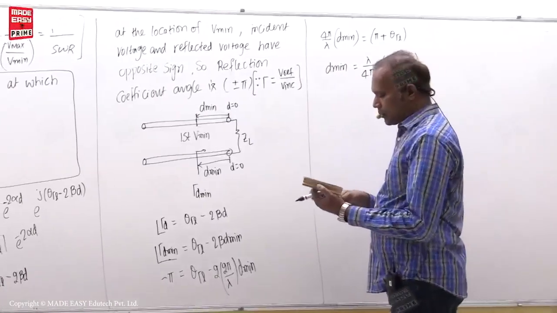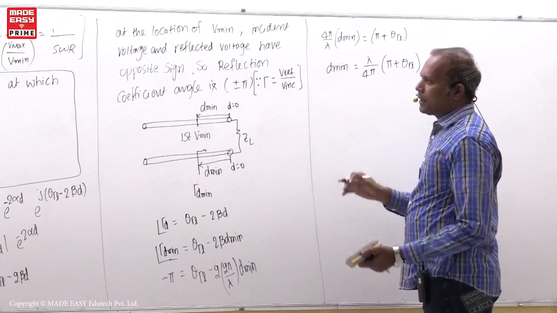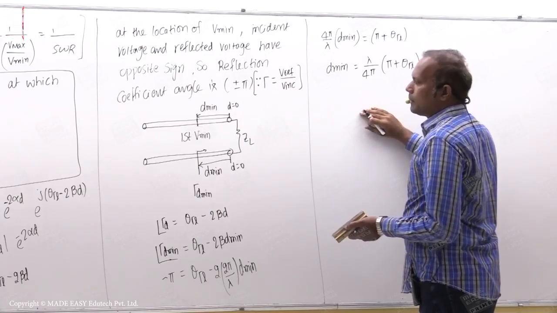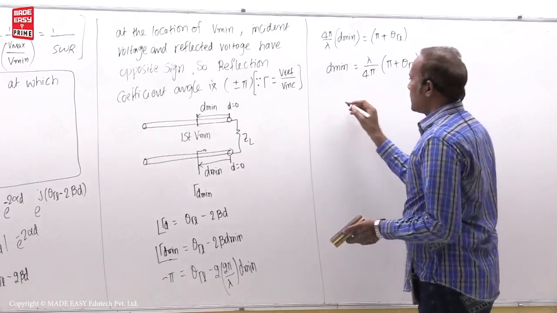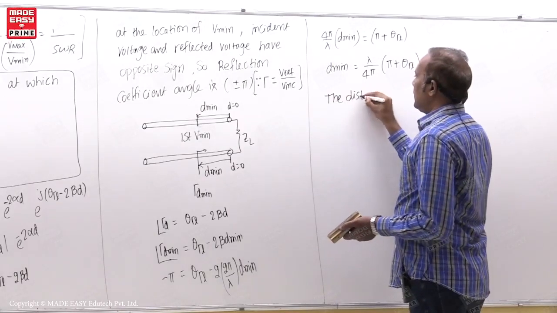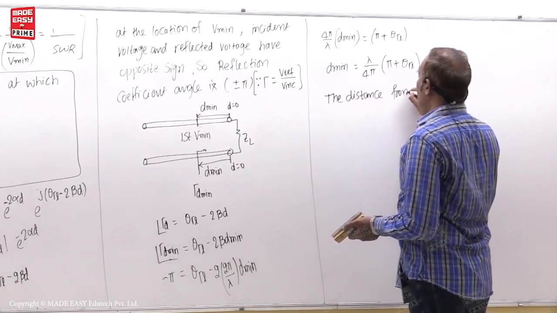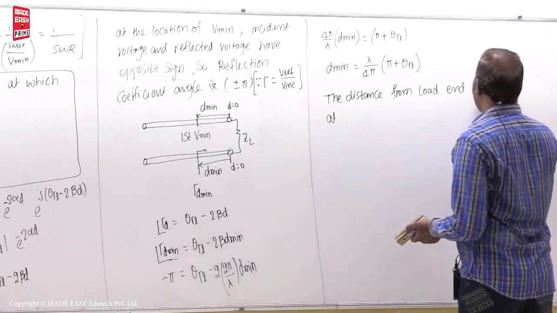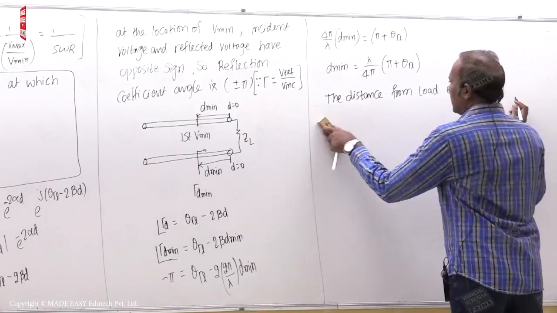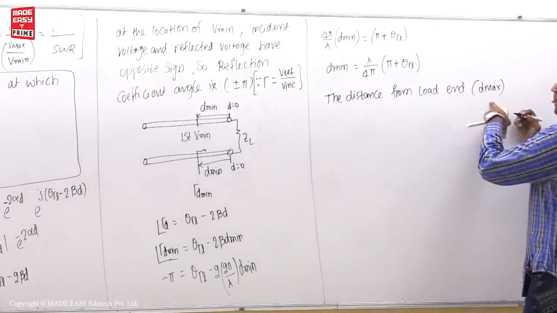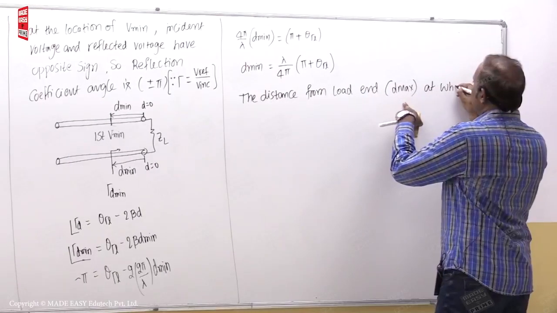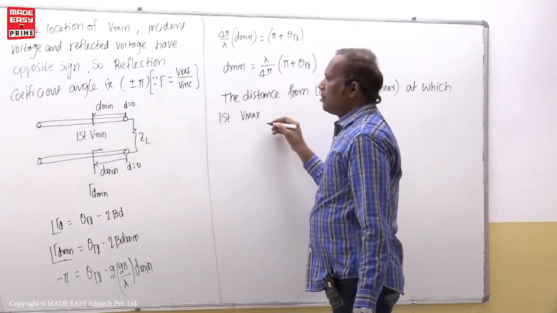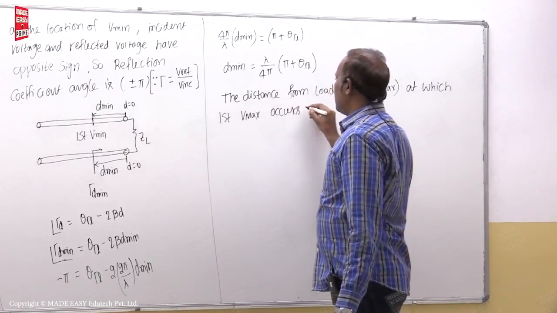So I will write it in the note: the distance from load end at which the first voltage maximum occurs. I am calling that d maximum.